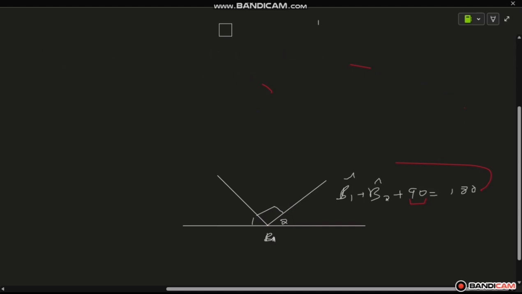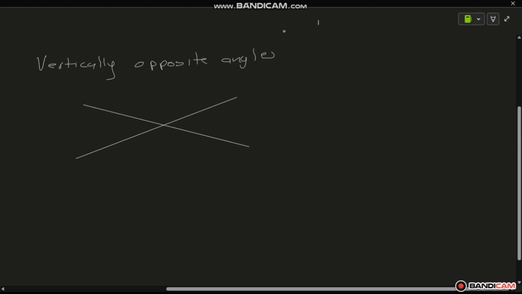So that's important. Okay, let's continue with our lesson. We have vertically opposite angles. We don't need the lines to be parallel. Whether they are parallel or not, it's not our issue. These angles are vertically opposite, so they are equal, as you can see on your screen.